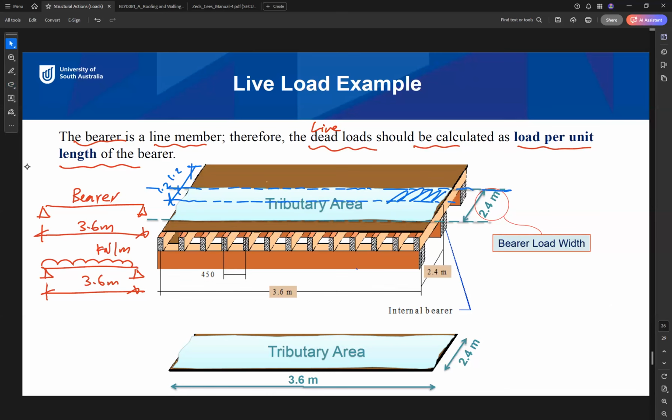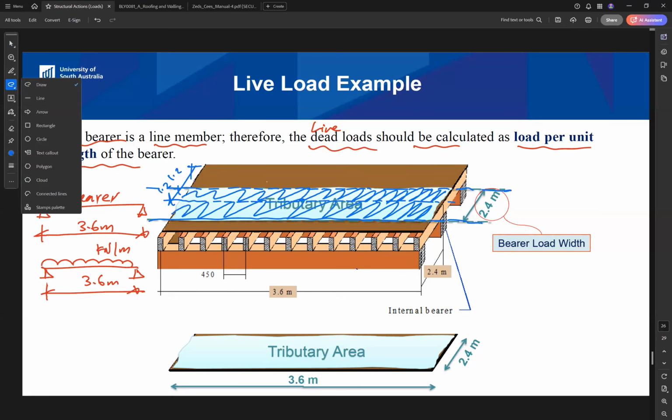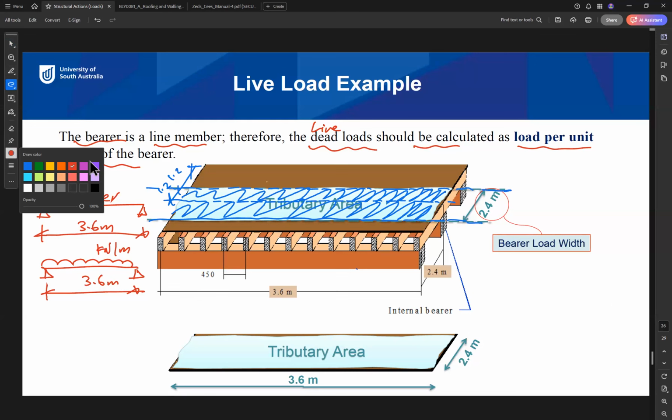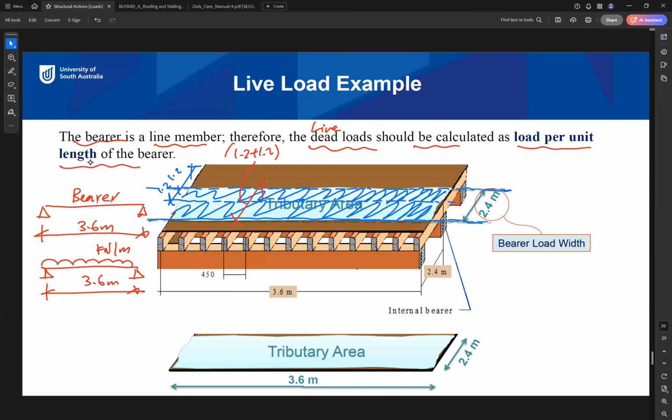So it will take half from this side and similarly half from this side, a total of 1.2 plus 1.2, which is 2.4 meter. This 2.4 meter is the load width of the bearer.